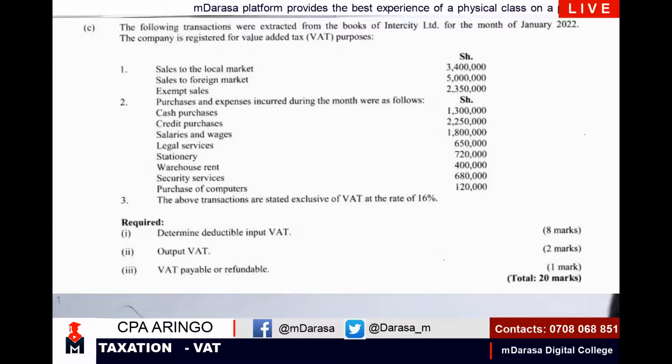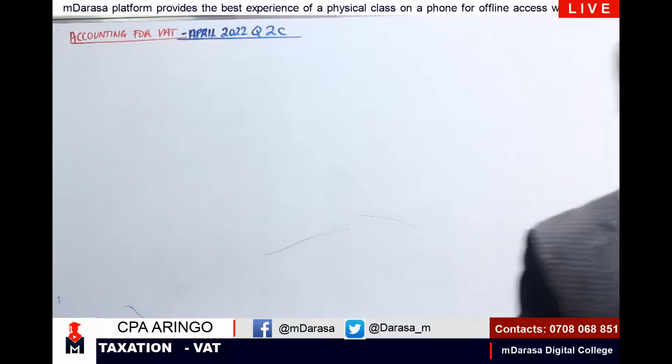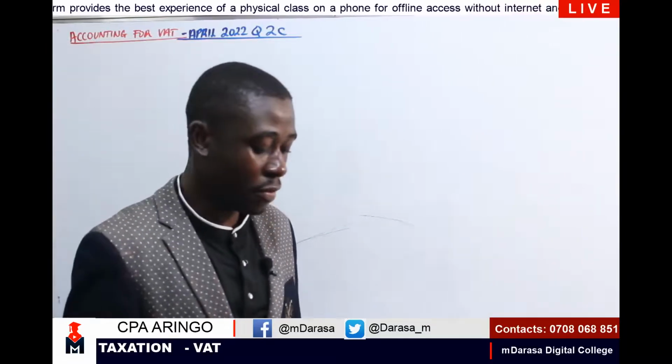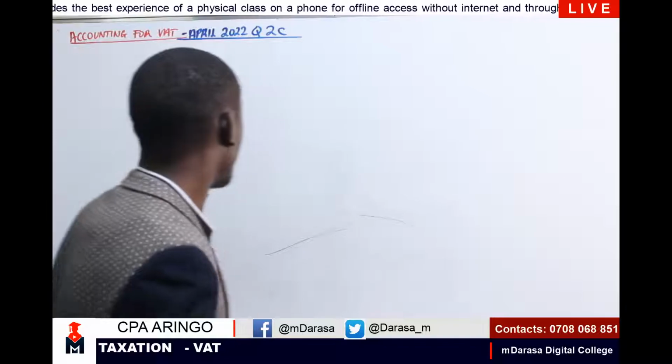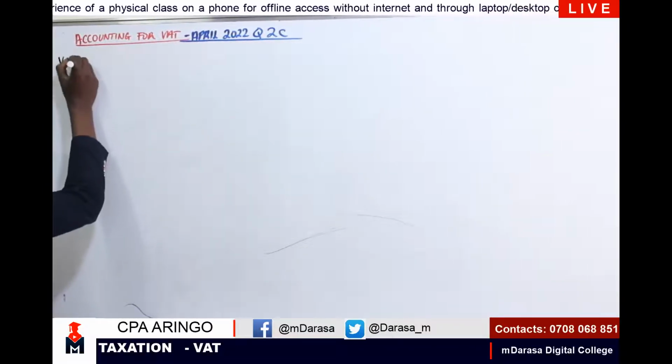11 marks. So given such a question, my good students, first of all, I want to elaborate and be more clear on what we studied in the previous class. We say that in the area where I'll be having deductible input tax, we can determine our VAT payable as follows.